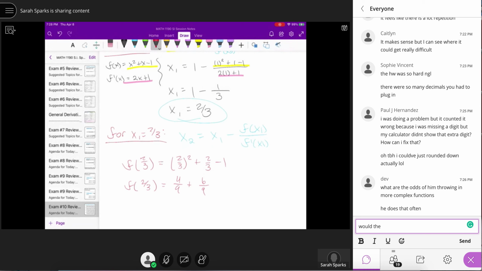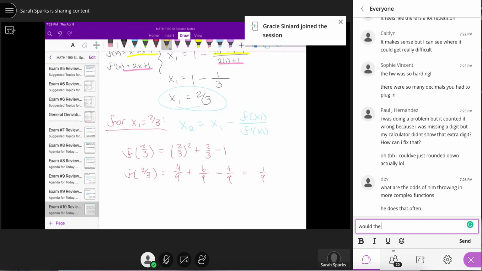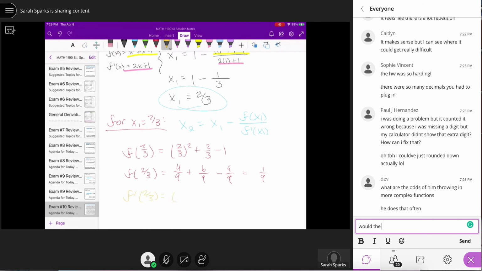Then I'm going to write that -1 as 9/9. So 6 plus 4 equals 10. 10 minus 9 is 1, so we get 1/9. And then for our f prime of x of 2/3, we will get 2 times 2/3 plus 1. So we'll get 4/3 plus 3/3, so 7/3.